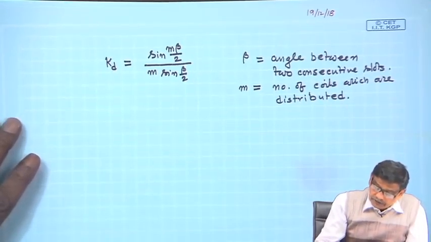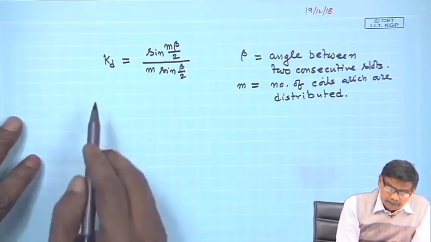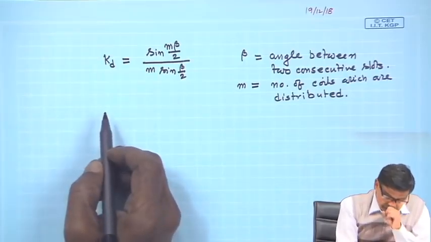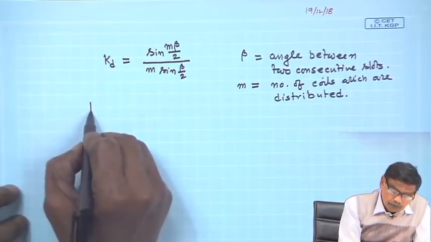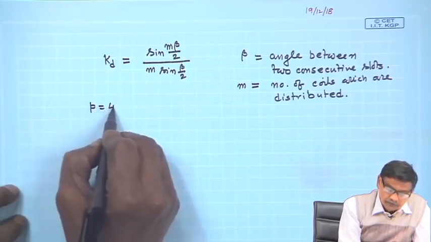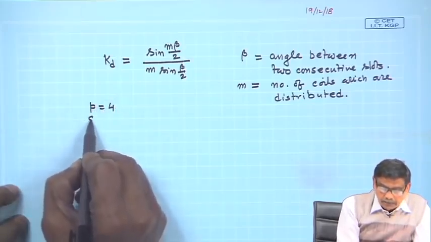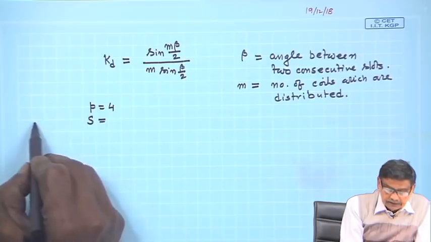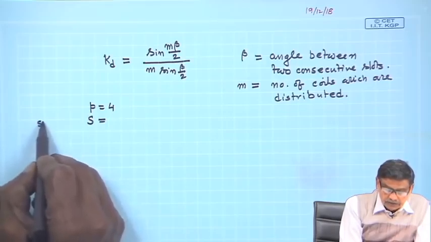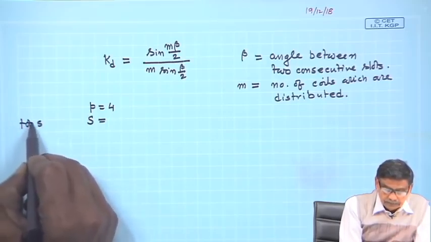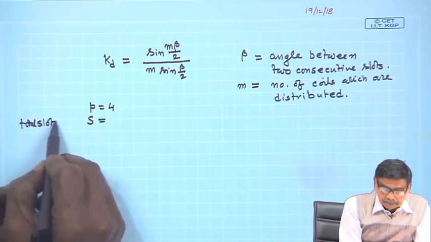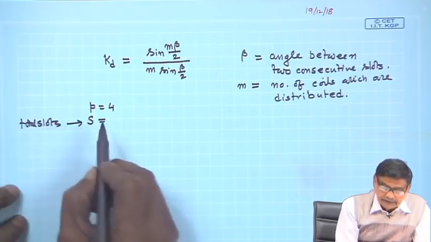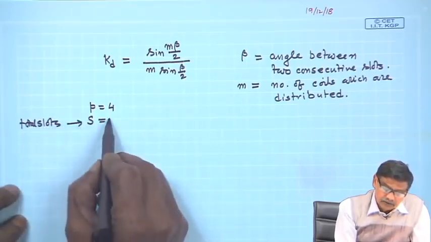Now, in a simple example, suppose you have a 4 pole machine, P is equal to 4. The total number of slots, S, is say equal to 24.